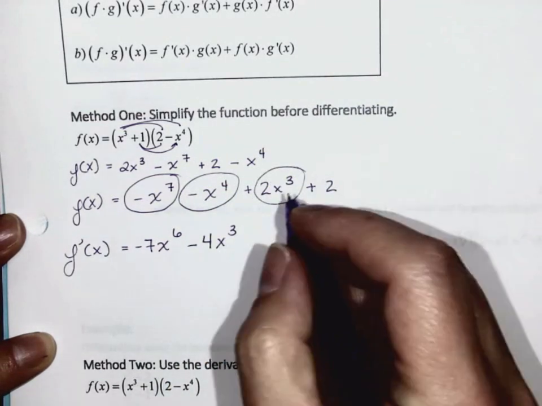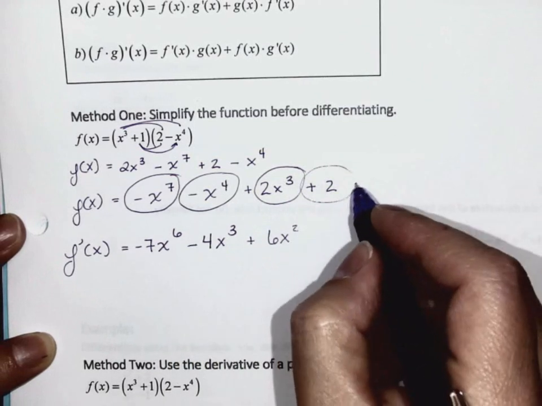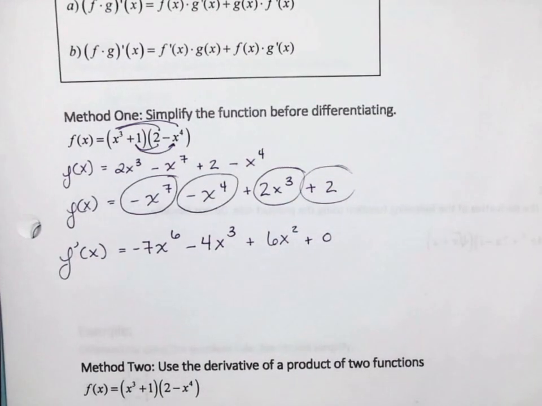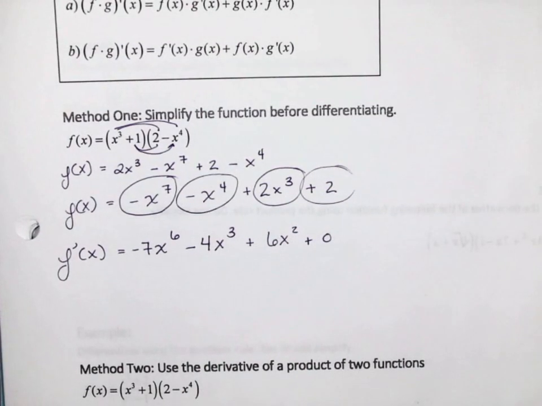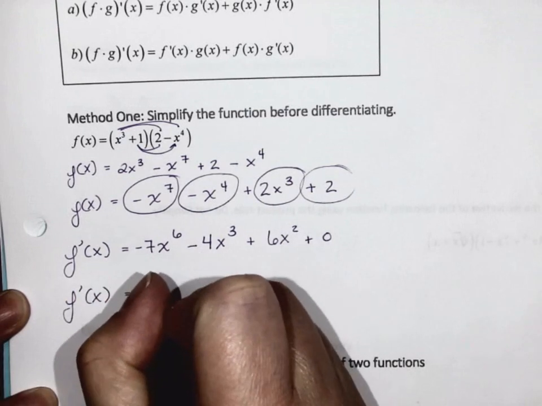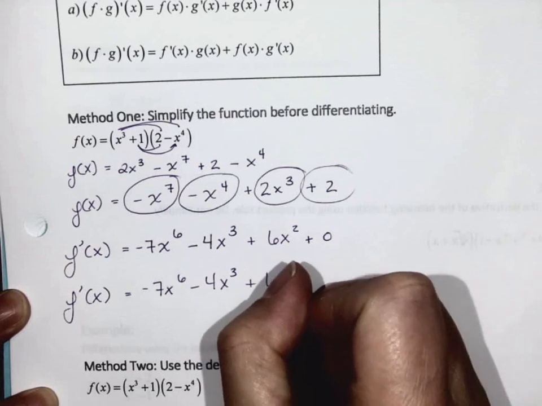And this one, plus 6x squared? Mm-hmm. And then this one, 0. Do I need to add the 0? No, but I'm going to write it just so we're comfortable with it. So f prime of x is negative 7x to the exponent 6 minus 4x cubed plus 6x squared.